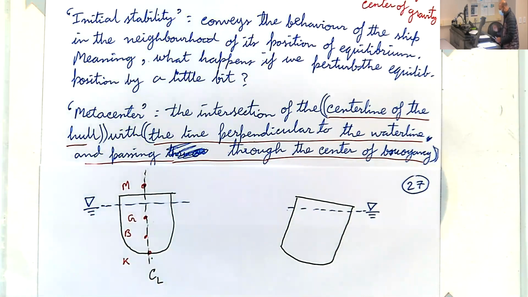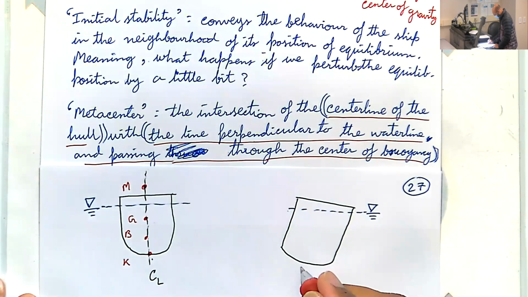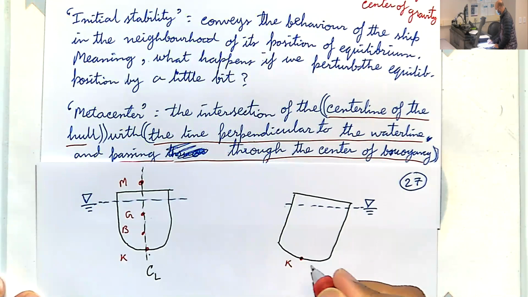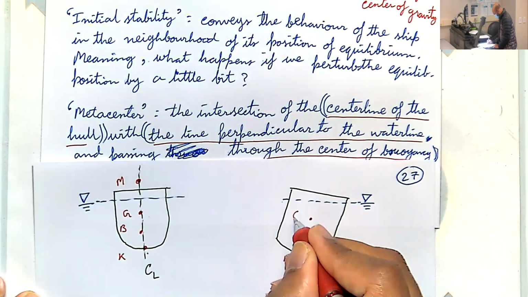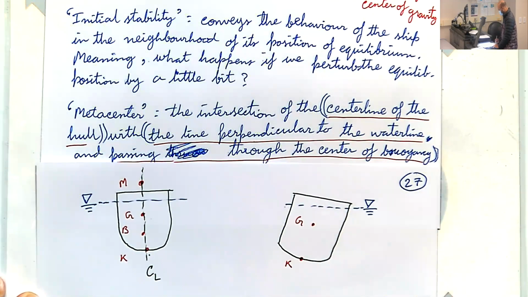What happens when we tilt the hull a bit? Let's redraw. Our keel remains the same since it's a geometric thing. You have not shifted any cargo, so G remains the same.